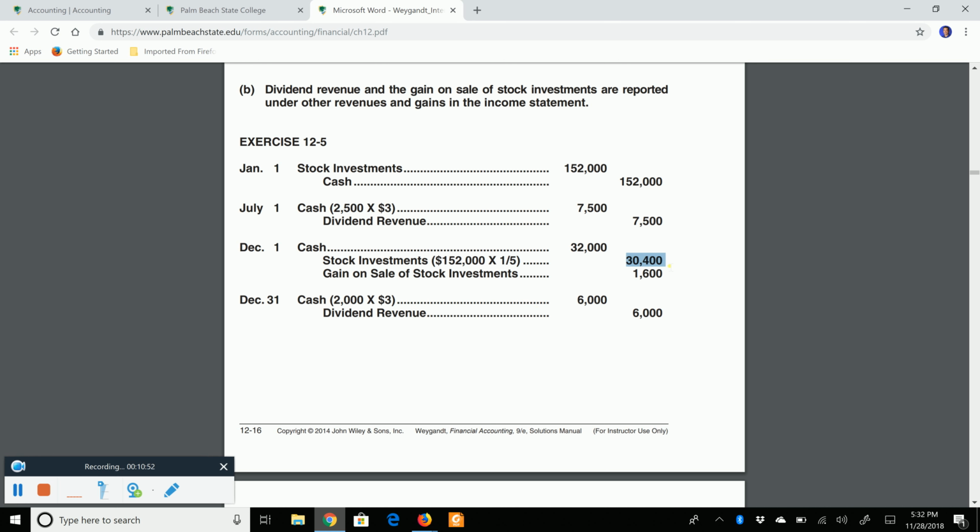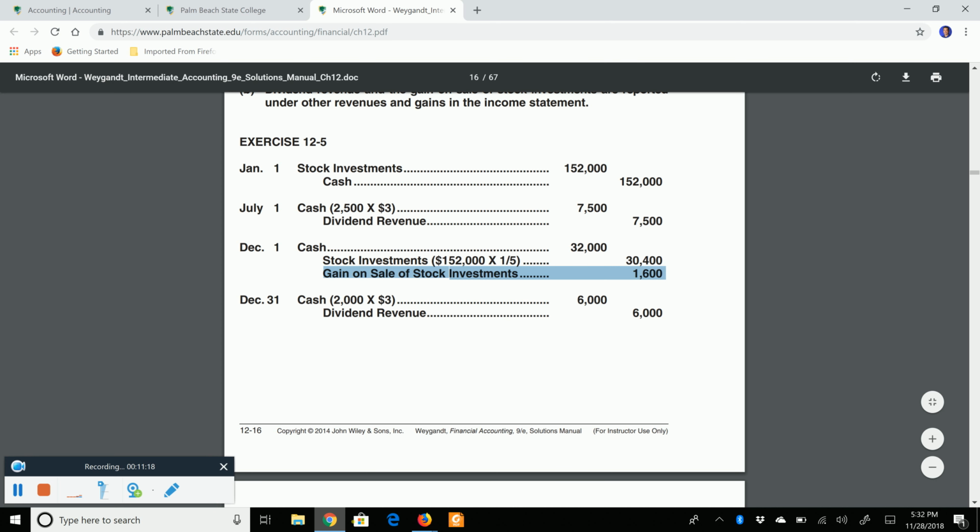Therefore, our original cost is $30,400. The difference between the cash we received and the original investment is either a gain or a loss. In this case, there is a gain because we sold it for more than we originally purchased it at. And so the difference of $1,600 will be a gain on the sale of the stock investment.